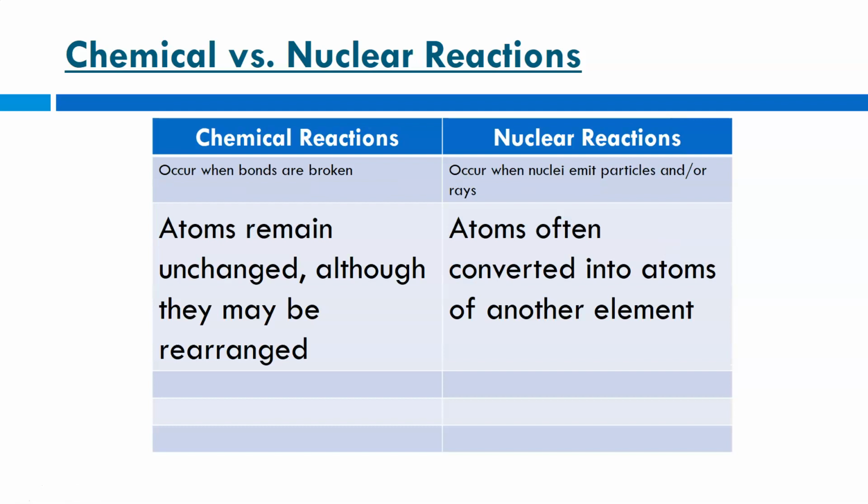In a typical reaction, the atoms themselves remain unchanged, but you rearrange where they are in the molecules. For a nuclear reaction, you may actually be converting it into a totally different element. The name and the symbol may be changing. That's a very big difference.